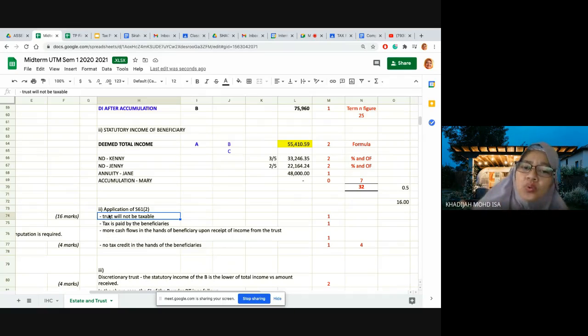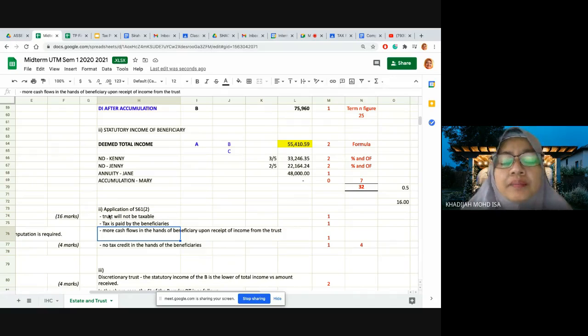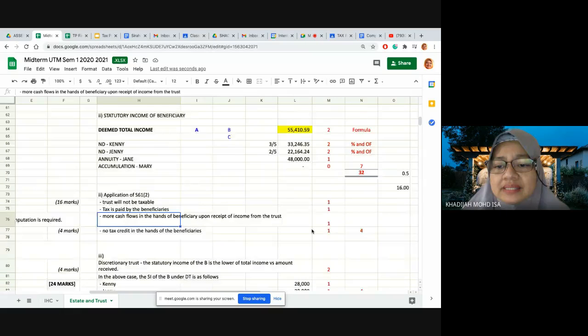Tax is 0. But tax will be paid by the beneficiaries. There's no tax credit given to the beneficiaries and more cash outflow. Alright, more cash flows in the hand of the beneficiary upon receipt of income, because they get 100% rather than 76%. So there are 4 points here, and there are 4 marks.